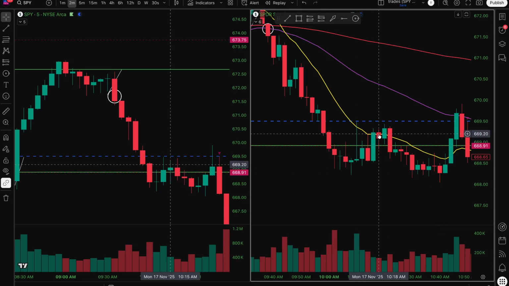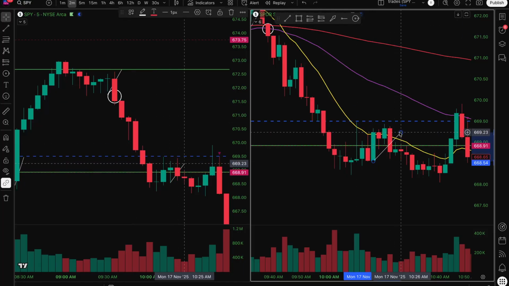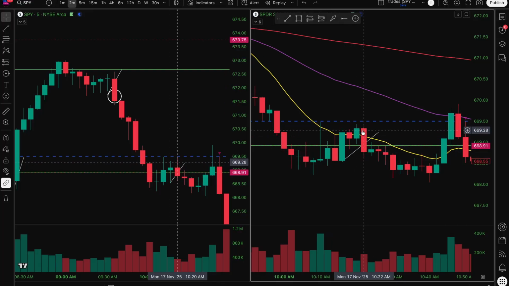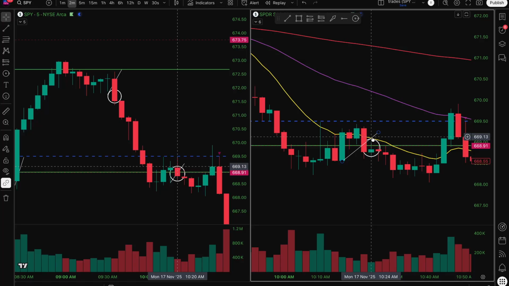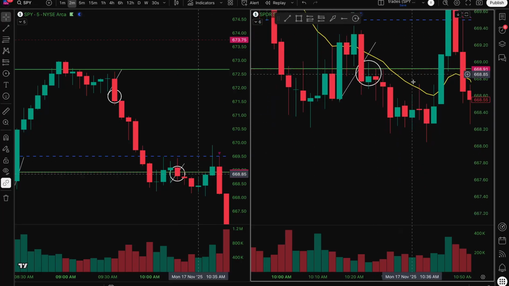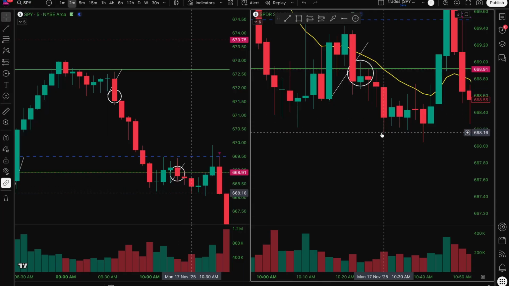So here we could have waited for the break of this trend line, and it would have been this right here with the increasing volume on this red candle. So you could have entered here. It's pretty decent risk reward because your stop would have been right above the 13, but price just didn't move down from there too much, from 668.80 to 668.16.